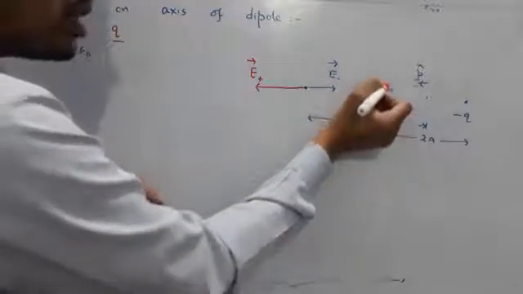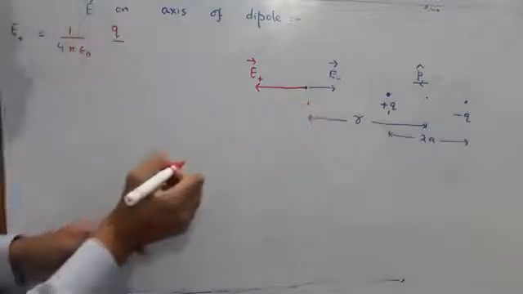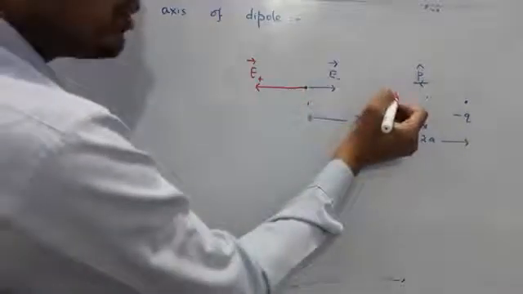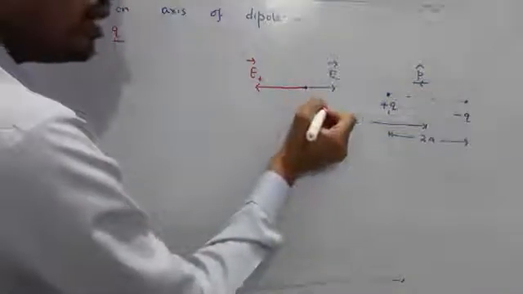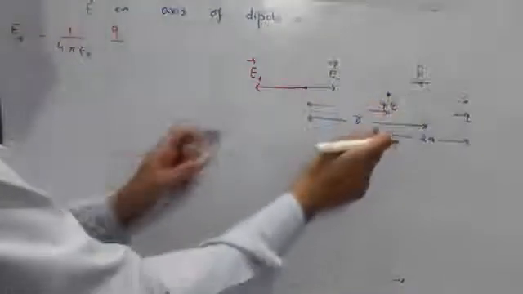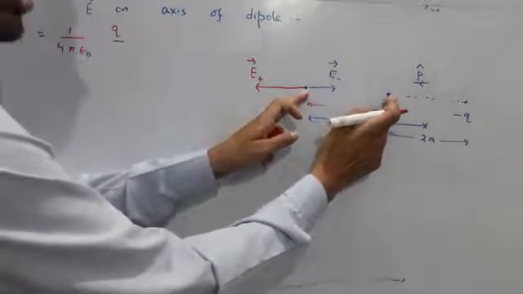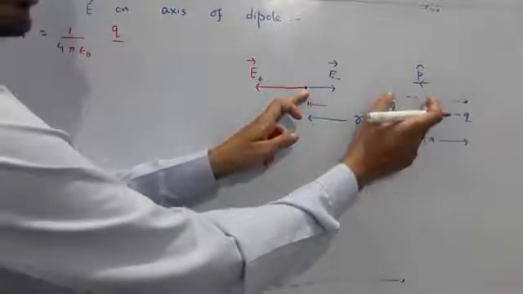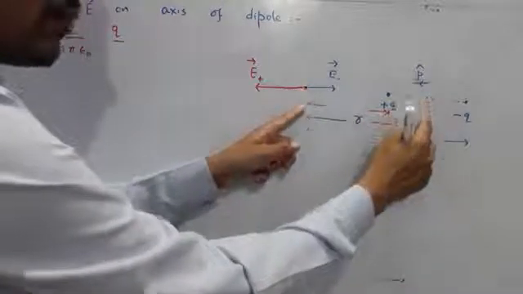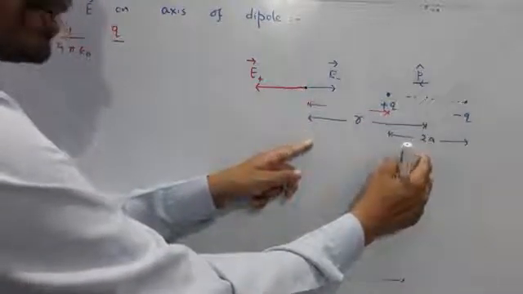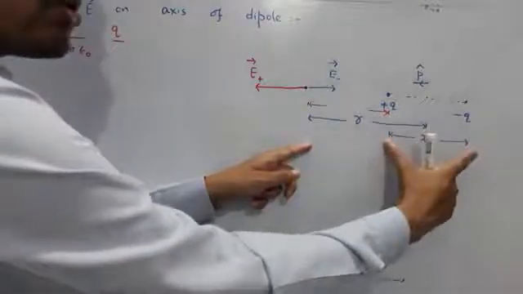Now from this point q to this point, what is the distance? This was our dipole. We have to find this distance. This distance will be this total, that is r, minus this one. You can see this distance is r, from that I have to subtract this, but this distance is half of 2a.